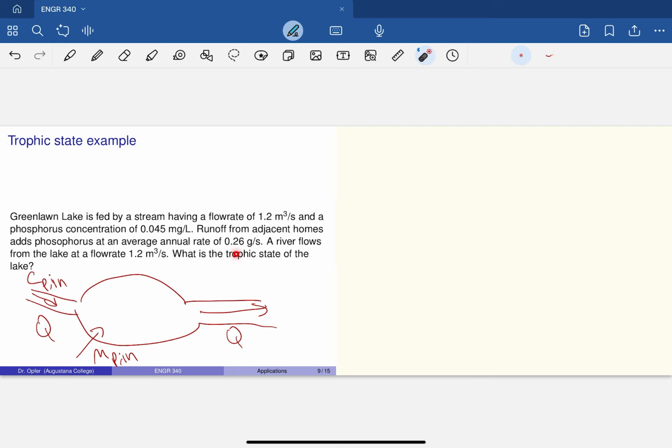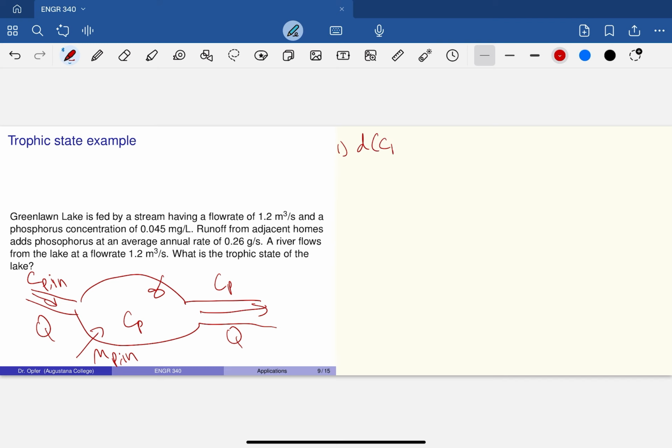This is already in a mass flow rate, mass per time, so we're going to call that MPN. Assuming this lake is well mixed, whatever concentration is in the lake is the concentration coming out of the lake. So this just becomes a fairly straightforward mass balance.